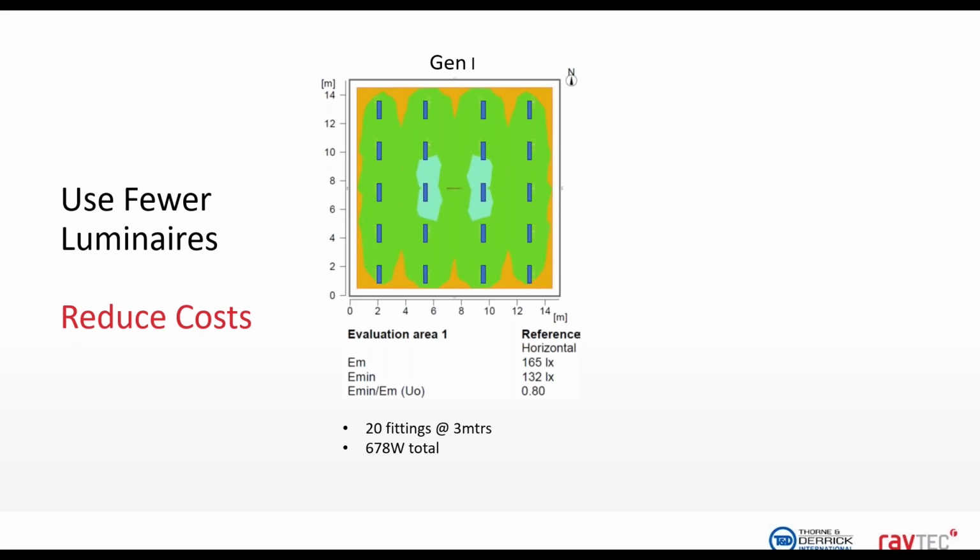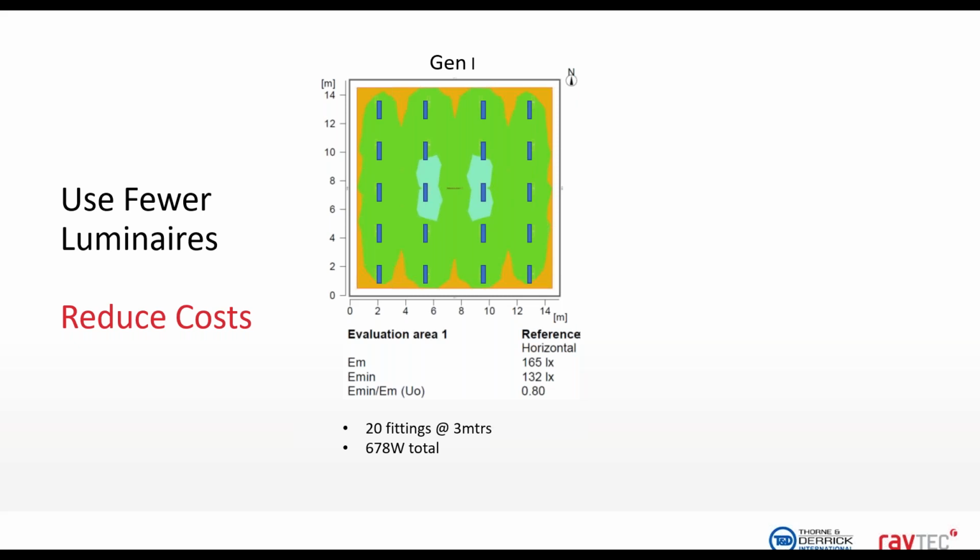This is using the existing version of Linear, the generation 1, where we've got a design utilizing 20 luminaires, consuming 678 watts in total across the installation, and that's achieving on average 165 lux, which you can see from the readings just below the area there.